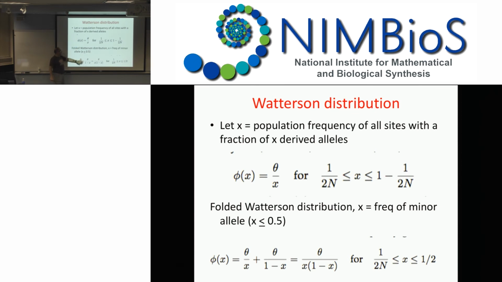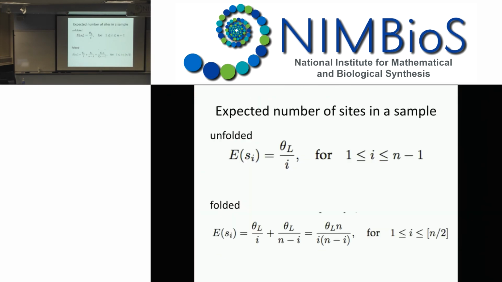So unfolded and folded, this says in the population, what fraction of sites do I expect to have a frequency of 20% or 5% or 4%? That's a feature of the entire population. If we ask for the feature of a sample, the Watterson distribution has a very similar form, except now it has i's. This says what fraction of your sample has i copies.